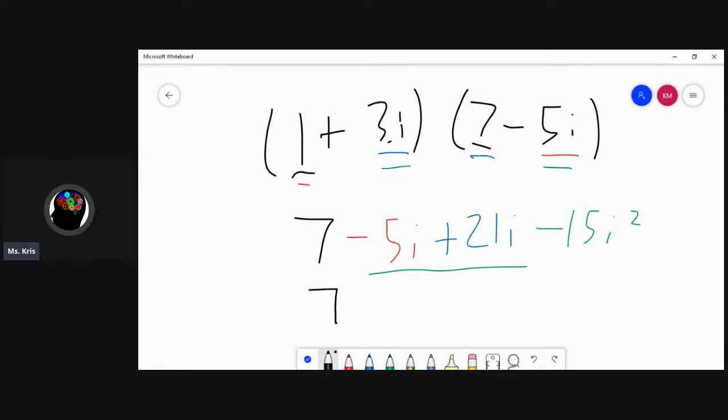Minus 5i plus 21i, 21 minus 5, that should be 16, because 16 plus 5 is 21. So it still gives me a positive 16i. Now, you have a minus 15, but you also have to remember that minus 15 is multiplied by i squared, which of course we know that i squared is negative 1.